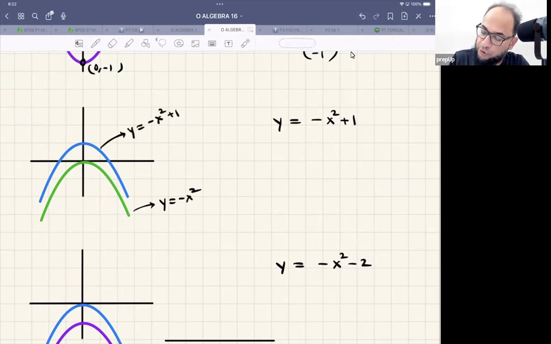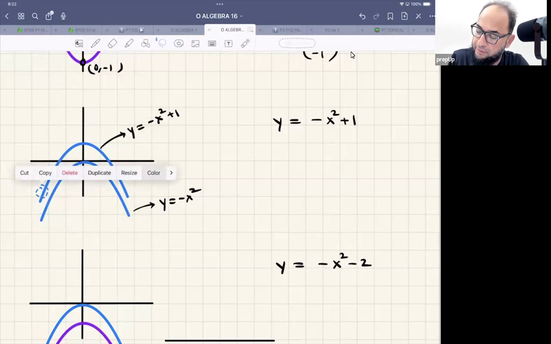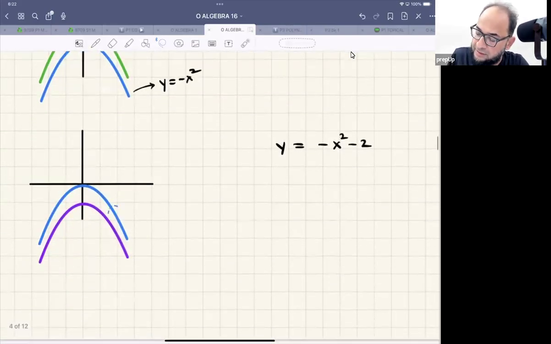Let me just swap the colors. So this color is green. Actually, this is blue, and this is green. Okay. Now over here, this blue one is the right one.